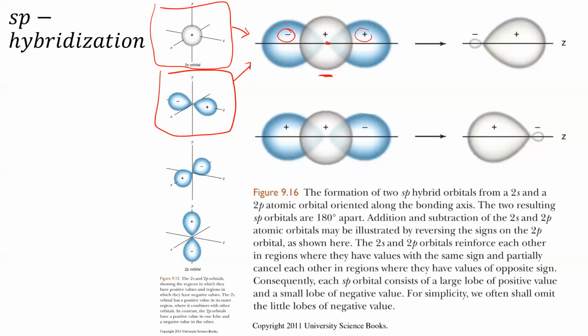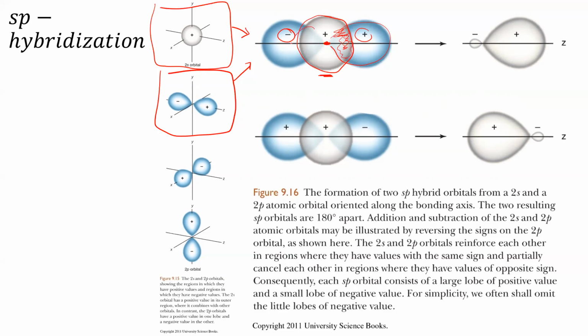So if you think about the nucleus in the middle here, we see the plus and minus here, remember, we're talking shaded, unshaded. This is just the phase of the wave function. And so what happens here is if the wave function of the lobe on the right is in the same phase as the wave function of the s orbital, then you're going to get constructive interference, and constructive interference leads to essentially a larger area of the wave function.